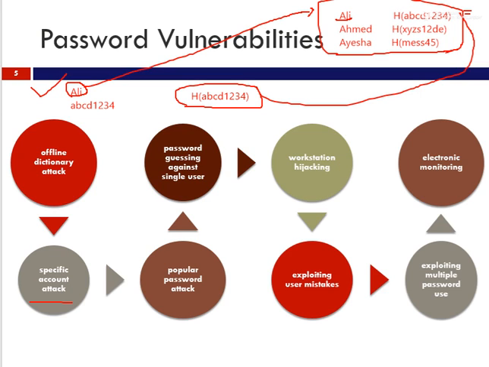Then again this is a user mistake. There is nothing wrong with the system, it is very secure and strong, but users make mistakes, and even the strongest system cannot prevent these user mistakes. So that is a kind of exploiting user mistakes.